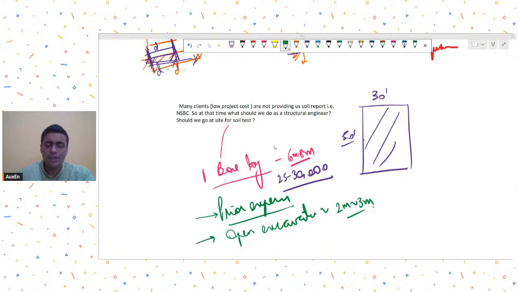Okay, so either you have some prior experience of that region, or you do an open excavation, or you do nothing, just assume a basic SBC value and do that work. This problem is more in the northern plains where we don't have good soils.